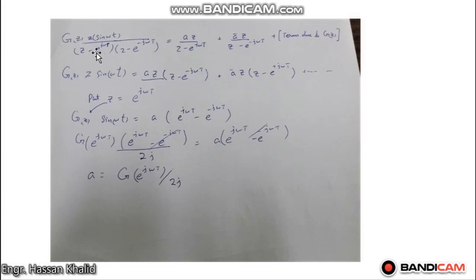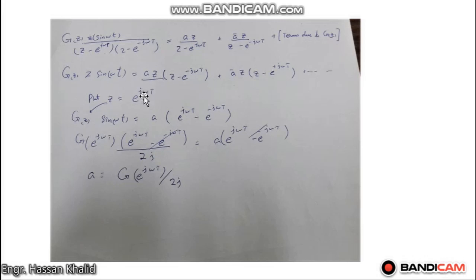For this purpose, we multiply the denominator of the left hand side with the factors on the right hand side of this equation, and we get the following result: A times (z minus e raised to the power minus j omega T) plus the second term, which indicates G(z) involved in the system.